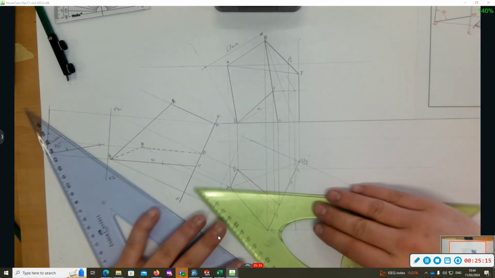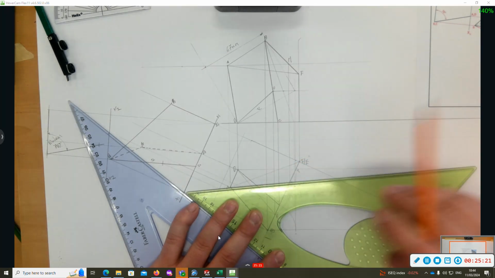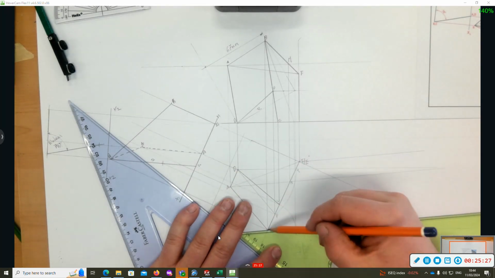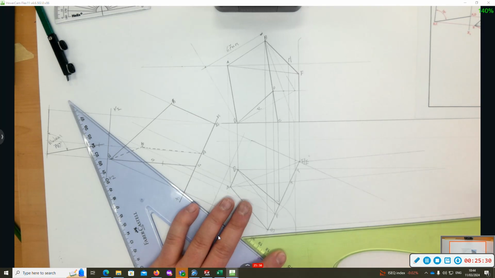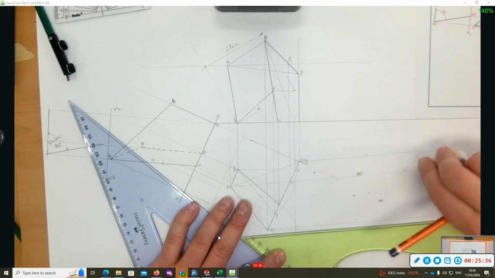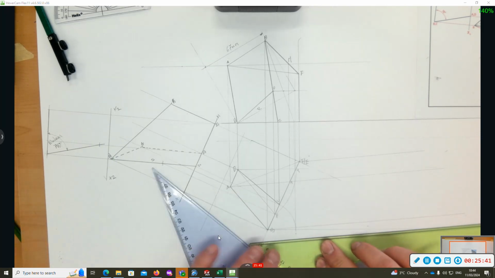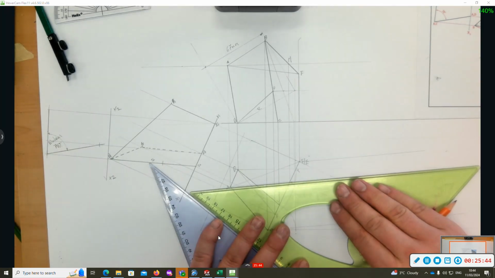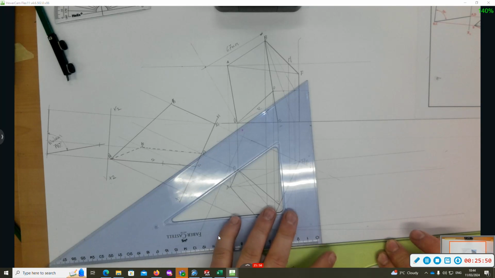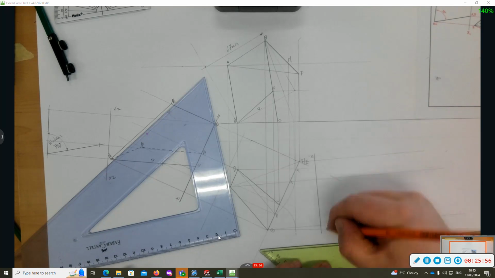So I'm going to look along line A to M. I'm going to project F as well and point B. Okay, now I have another XY line, so my X1, Y1 line.